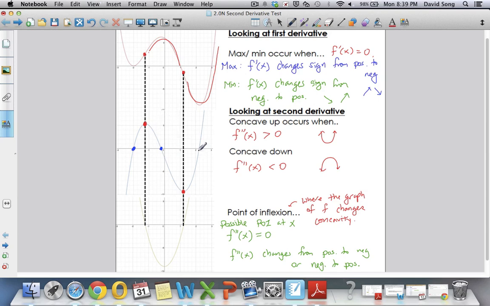And here I'm going to have a local min because the graph changed from down to up. And at x equals this value right here, I have a point of inflection. You can compare that to f double prime, and at a local min of f prime, you have another point of inflection. So just by looking at this, you can figure out the max and min and a point of inflection of the original f graph.